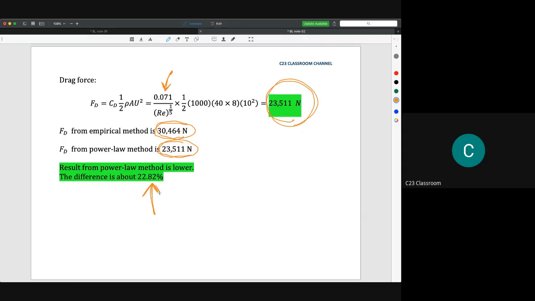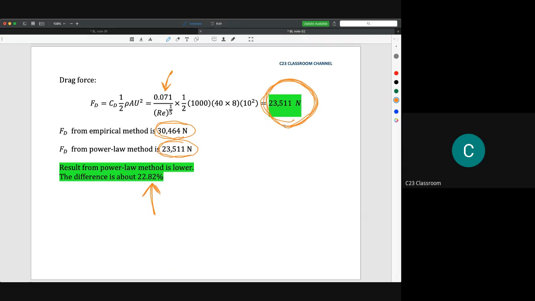So this means that if you are solving some problems, please make sure that, as I said, the empirical is a little bit complicated, but the result is accurate. Because if you predict the drag force is just only 23 kilonewtons, you will maybe have some hiccup after this because your estimation is not enough for that situation.